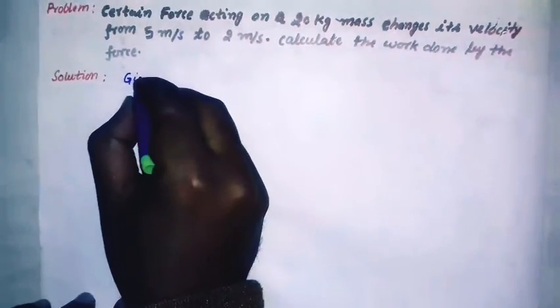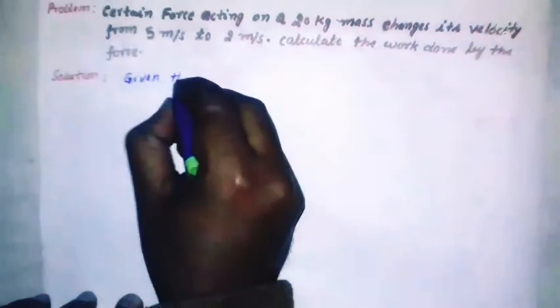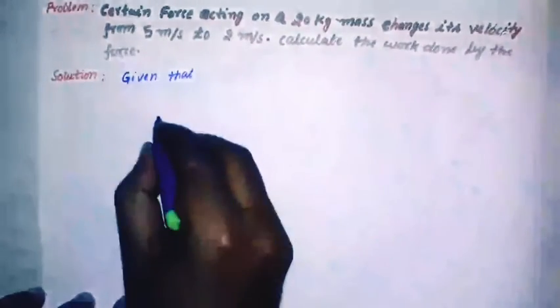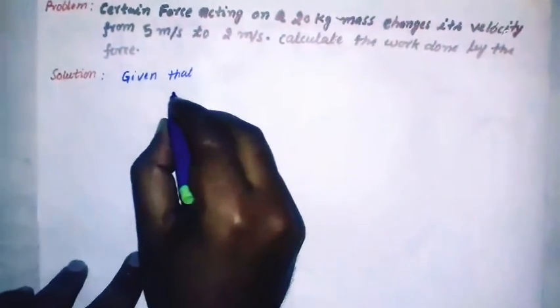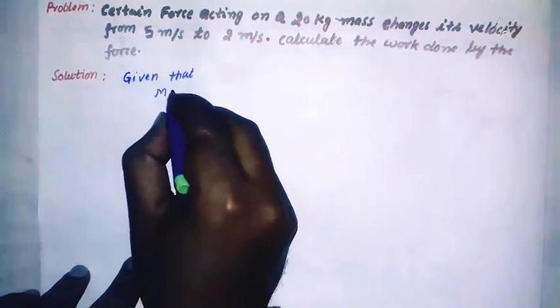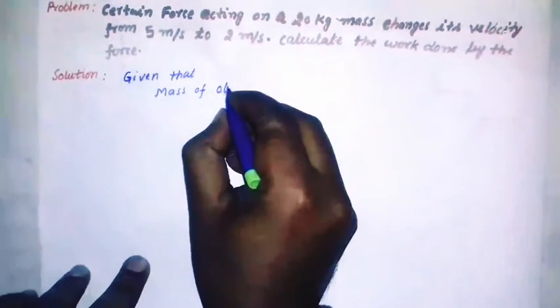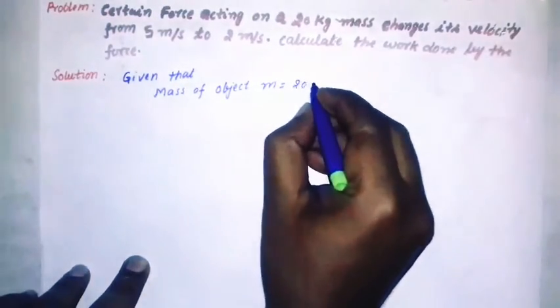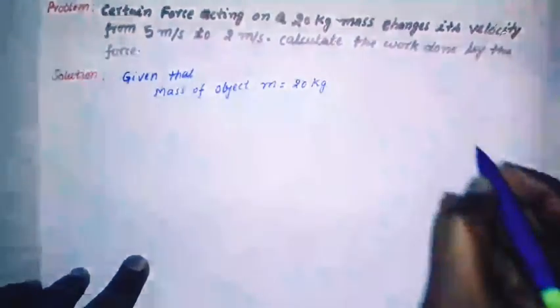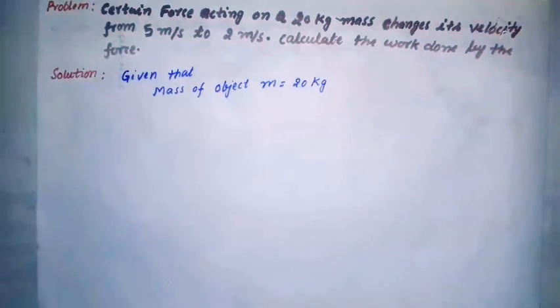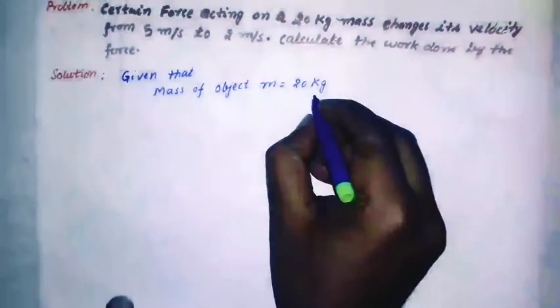Given that, the mass of the object, suppose this is m, so m equals 20 kilogram. Kilogram is already in SI unit, so there is no need to change this mass.